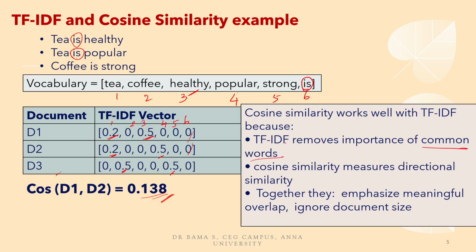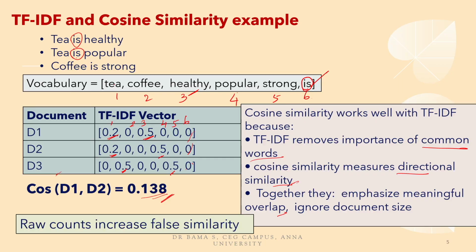Cosine similarity directly measures directional similarity, in the sense that if it is 0.5 and this also is 0.5, towards the same direction, it measures the similarity. So together they emphasize meaningful overlap and they ignore the document size. This is one good example of how we can combine TF-IDF and cosine.